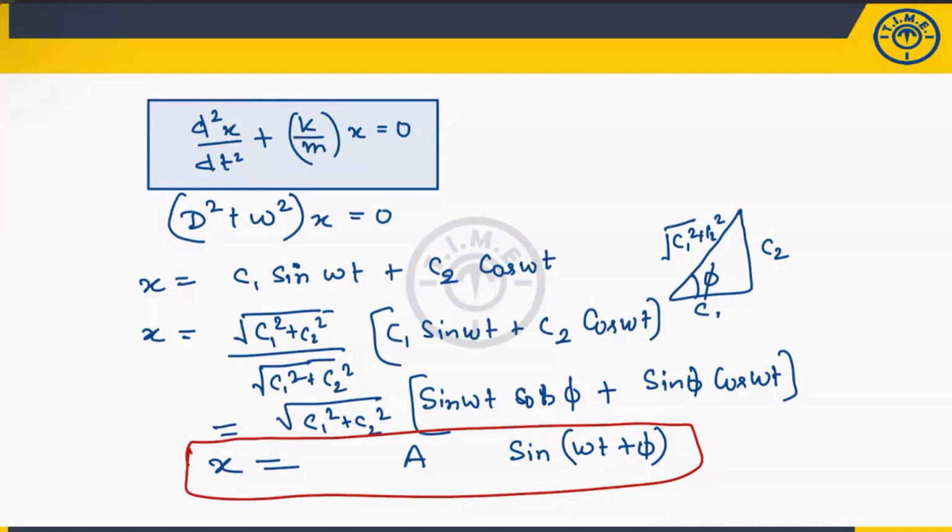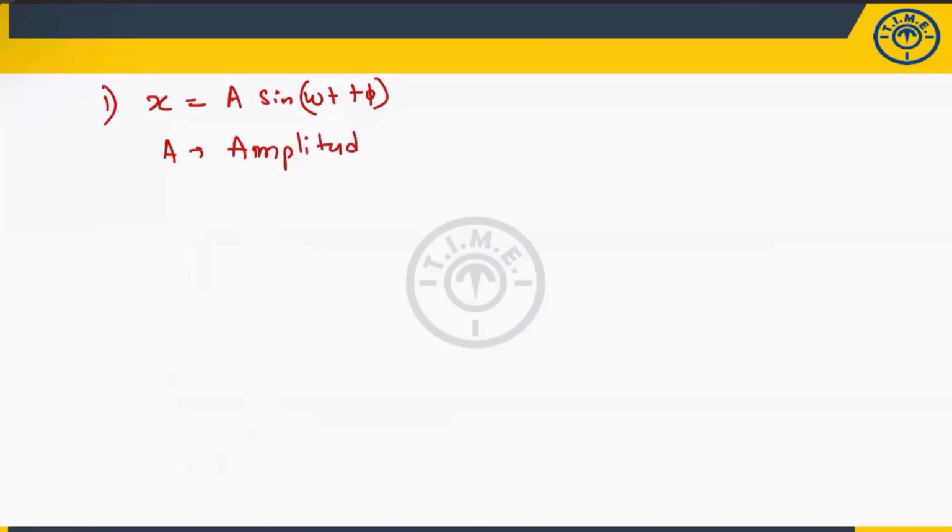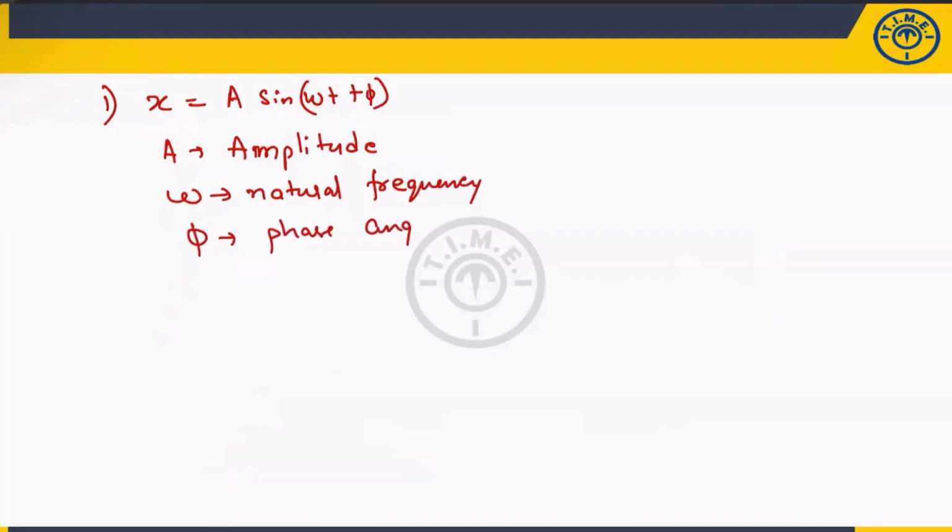So the equation is x = A sin(ωt + φ), where A is the amplitude, ω is the natural frequency, φ is the phase angle, and x is the displacement.